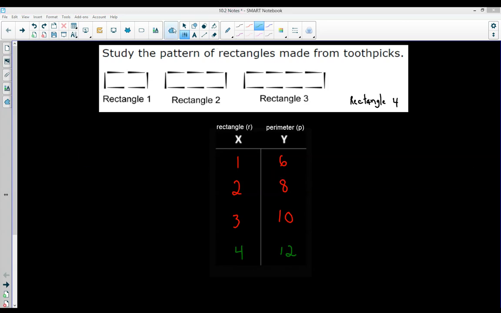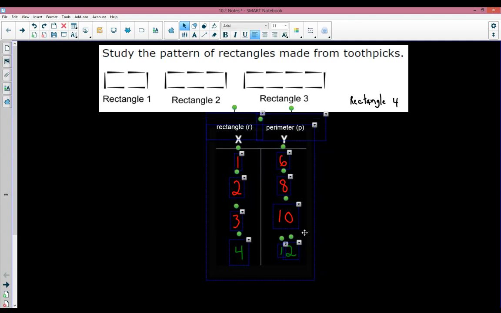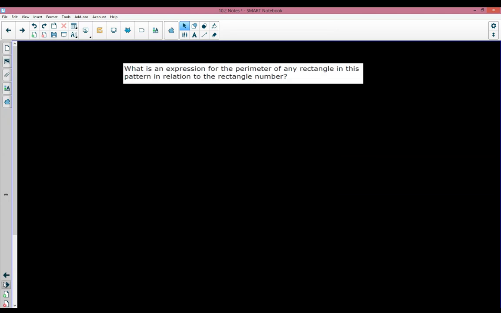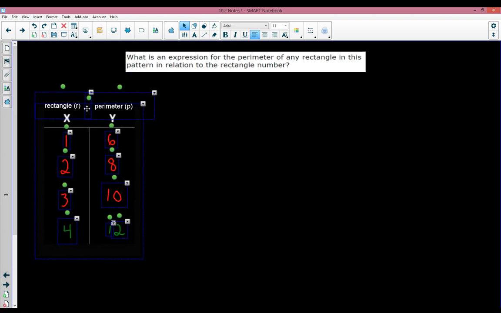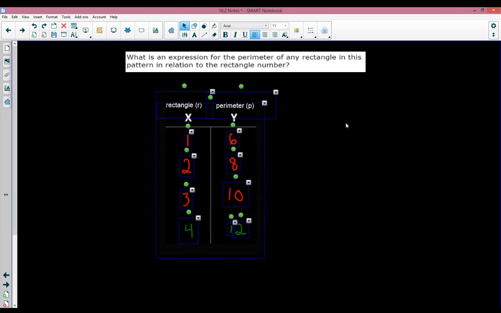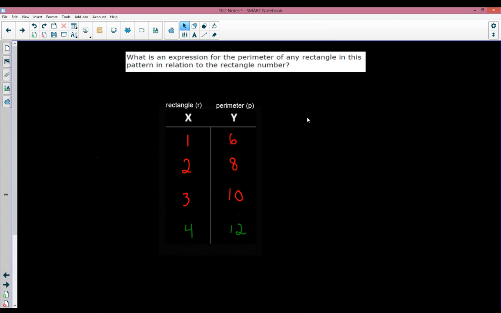Now, using this information, we're going to move on to the next part. The next part says, what is an expression for the perimeter of any rectangle in this pattern in relationship to the rectangle number? Let's pull up our table of values.